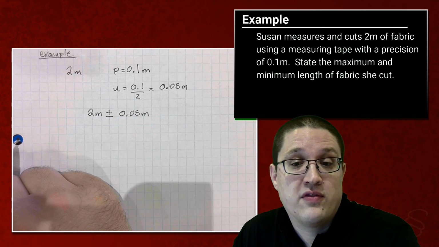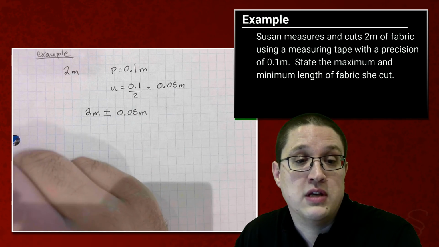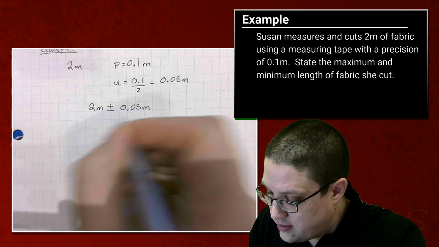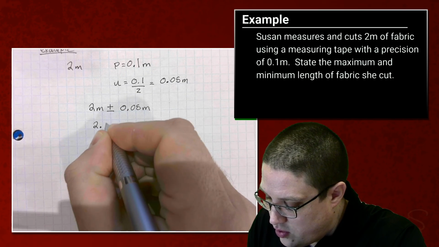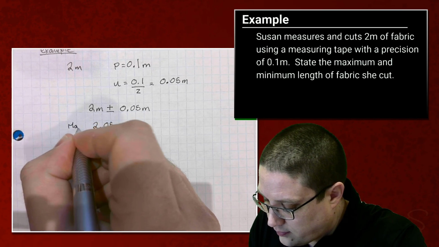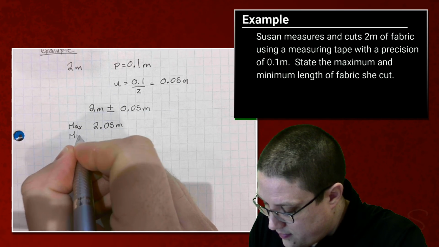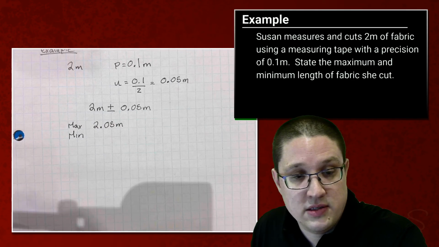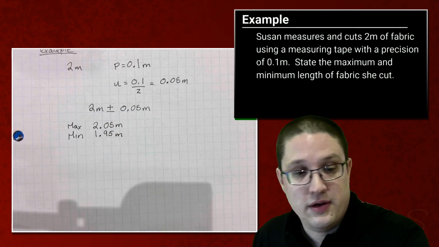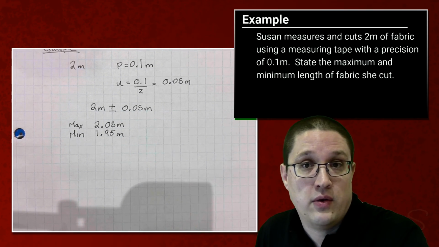So if I'm looking for the maximum and minimum length of the fabric, if I were to measure it using a more precise tool, I could go 2 plus 0.05, so 2.05 meters. That might be the maximum. The minimum would be 2 minus 0.05 or 1.95 meters. I just did this as two little math problems to figure that out.